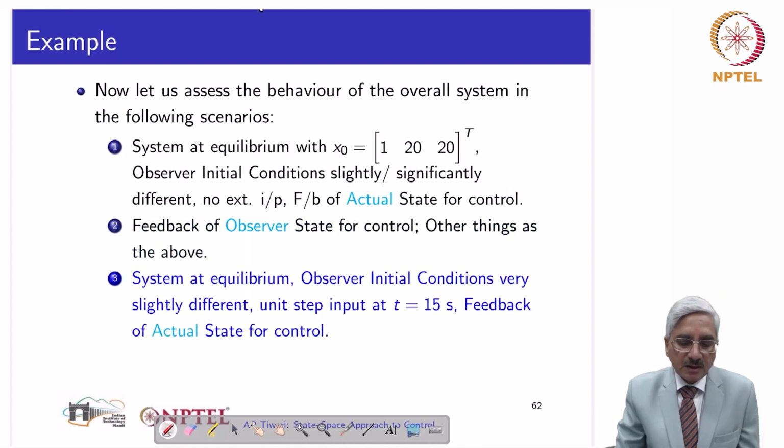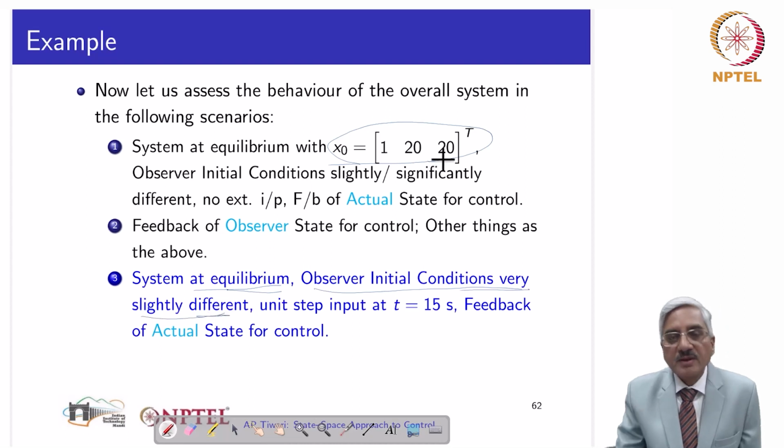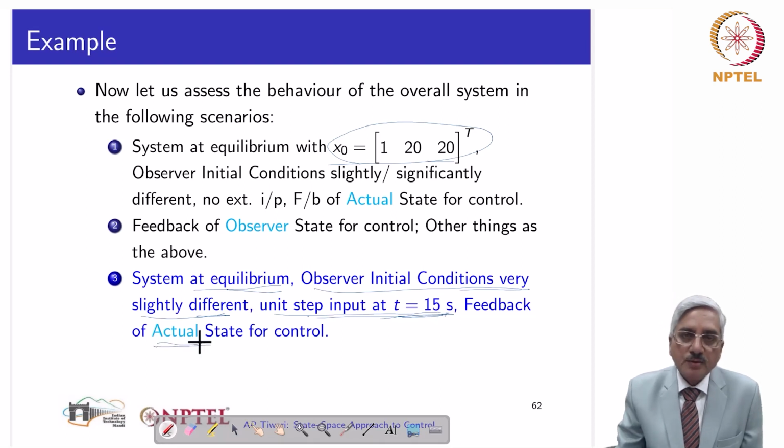The third simulation is, the system is again at equilibrium, given like this one, and observer initial conditions very slightly different from this. And also we will now apply a step input at t equal to 15 seconds, sometime later, not at t equal to 0. And we will give feedback of actual states of the system.